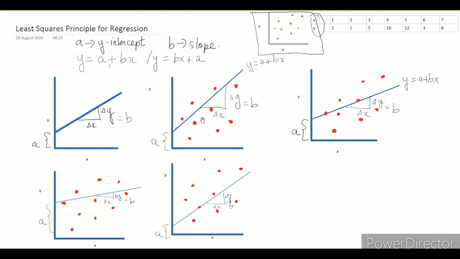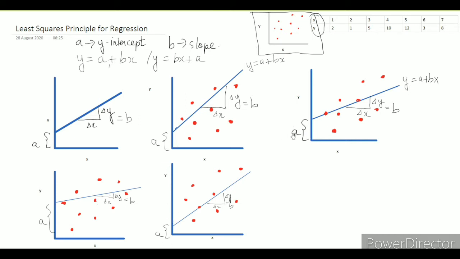So we see here that this line, which shows the expected values, can be drawn in different ways. It can either look like this or this way, or like these two other lines. Now what we can also say is that as the shape of the line changes, the values of a and b keep on changing.